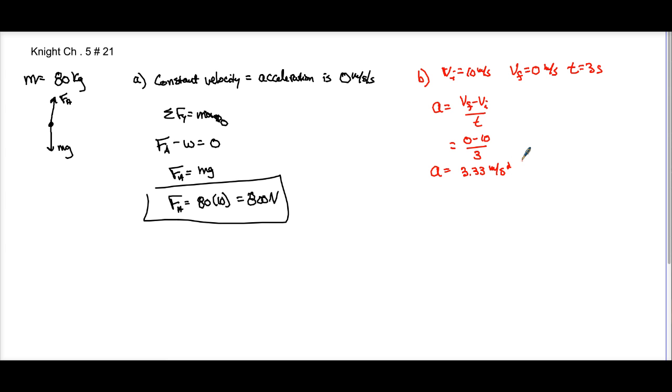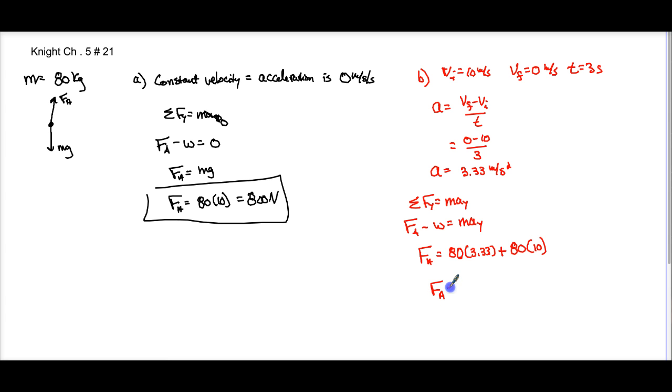We can take that information now and find out what his apparent weight is. So we get the sum of the forces in the y is equal to ma sub y, or that apparent weight minus his weight is equal to ma sub y. Or f sub a is going to be equal to 80 times 3.33 plus 80 times 10.